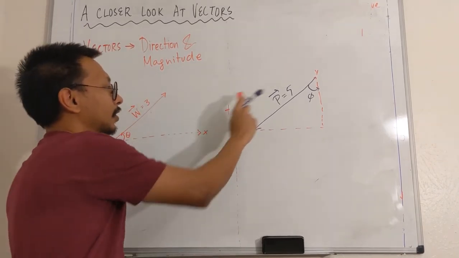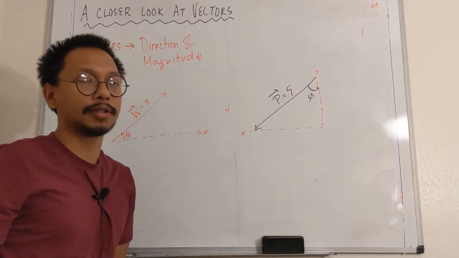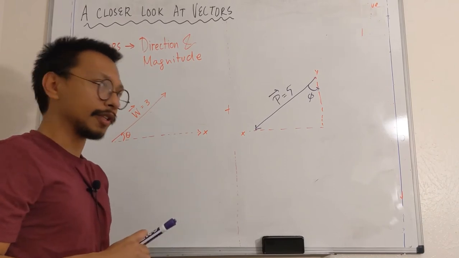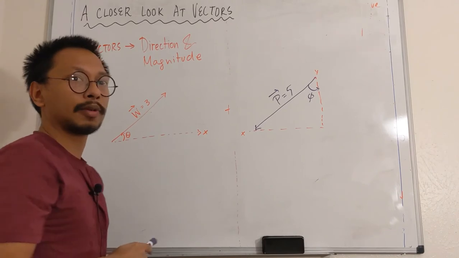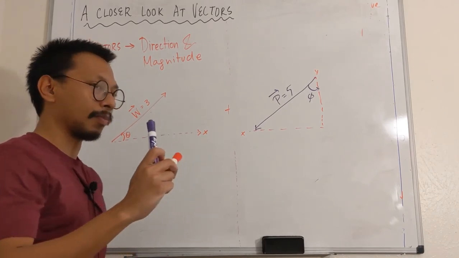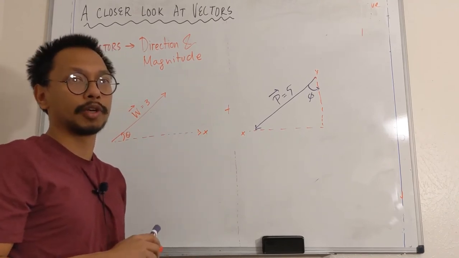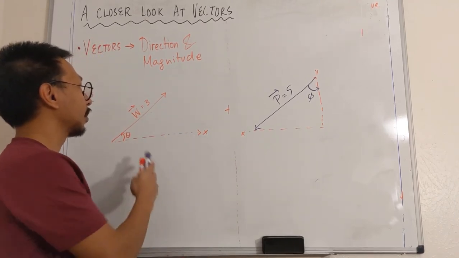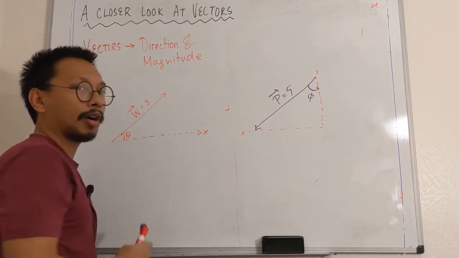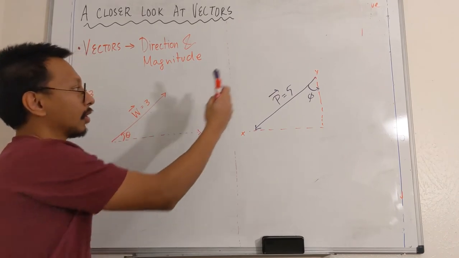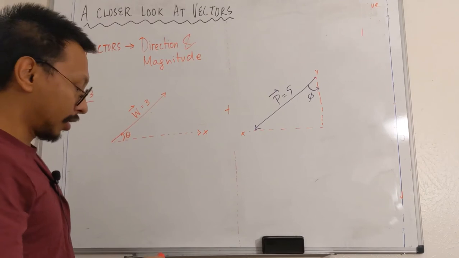Because they're vectors and they're pointed at an angle to different axes, what we have to do differently is to know that all vectors have two different parts to them. Any vector like W will have an x part and a y part. Any vector P will also have an x part and a y part.